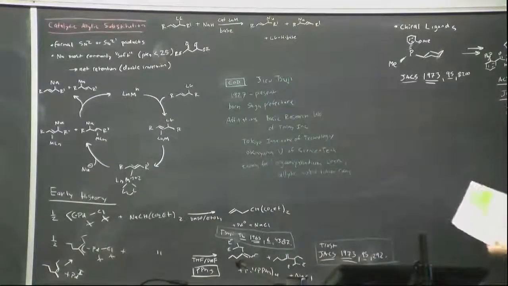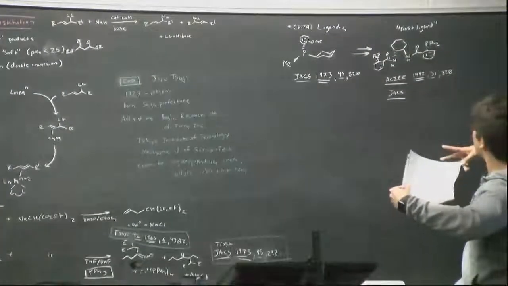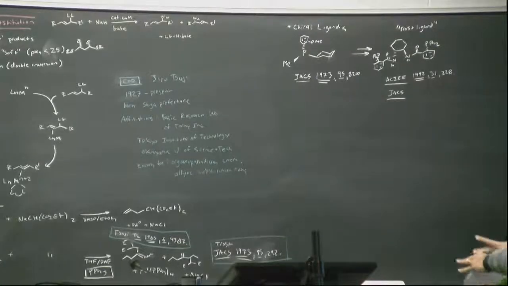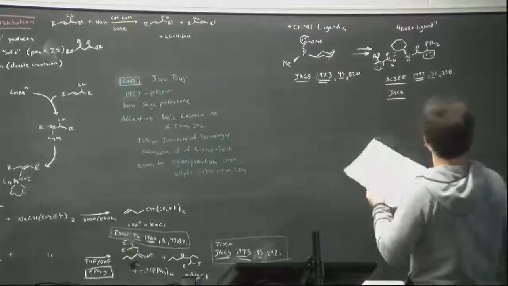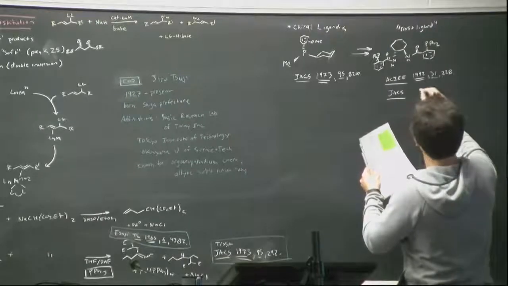So part of the idea here was to have ligands that have relatively wide bite angle, that can span quite a large distance, with the hope that we would be able to project into the path of the incoming nucleophile.